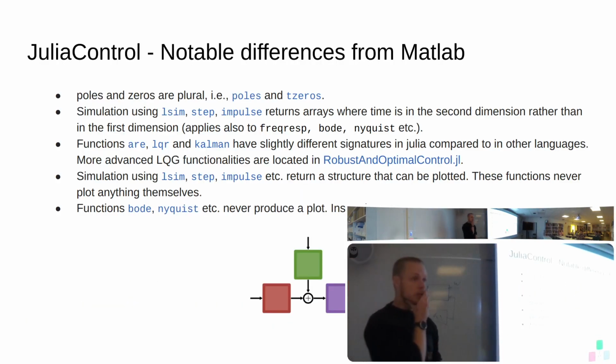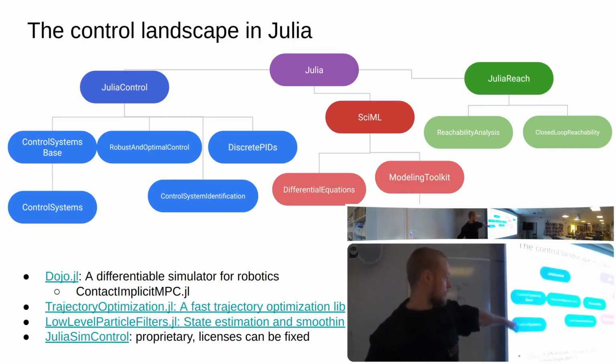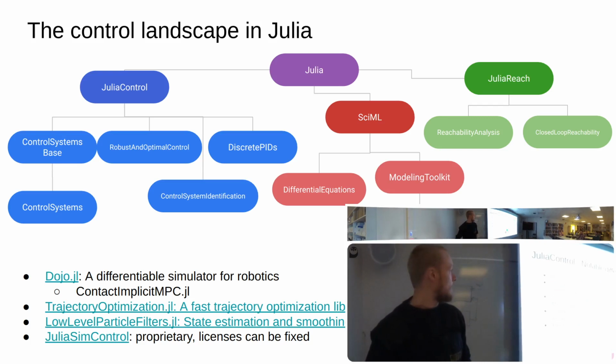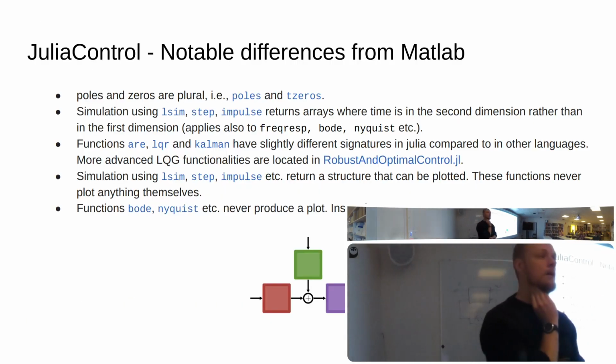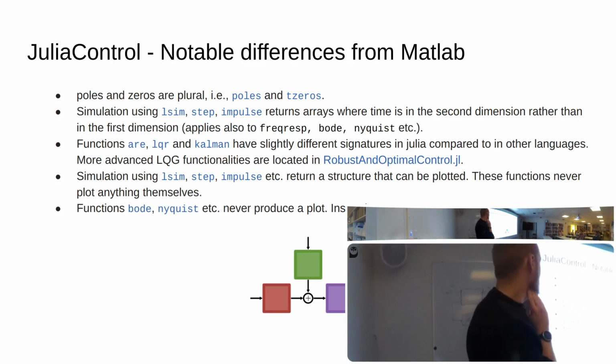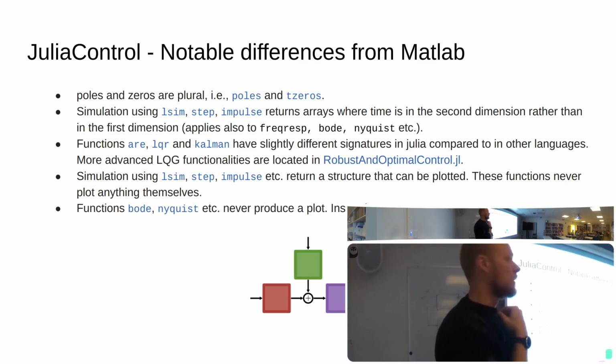So JuliaControl. JuliaControl was the left part here with ControlSystems library. So here are some differences if you're used to Matlab control toolbox or maybe Python control toolbox. I just wanted to go through some differences that you might stumble upon in the beginning.